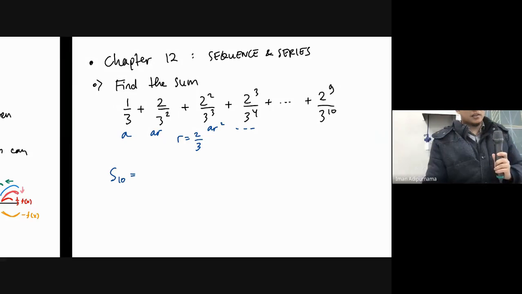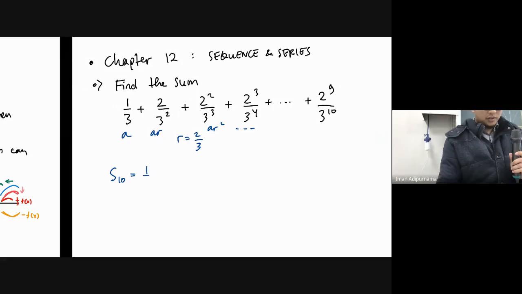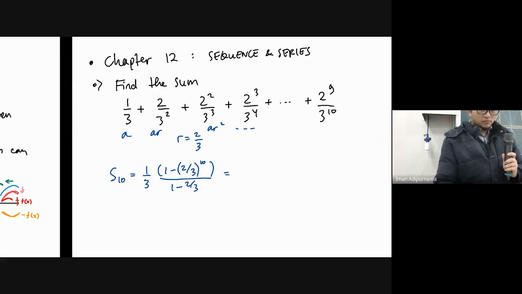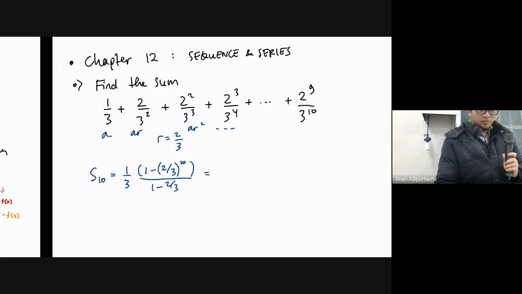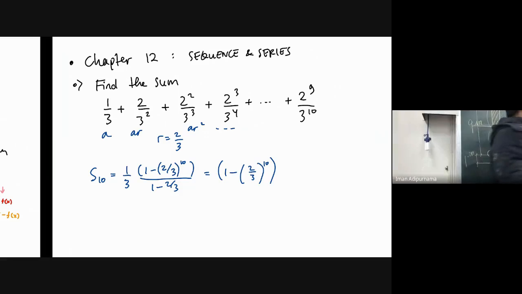So A, and then 1 minus 2 third to the power 10, divided by 1 minus 2 third. So it's becoming 1. Okay, you can just stop here. No need to make your life difficult.